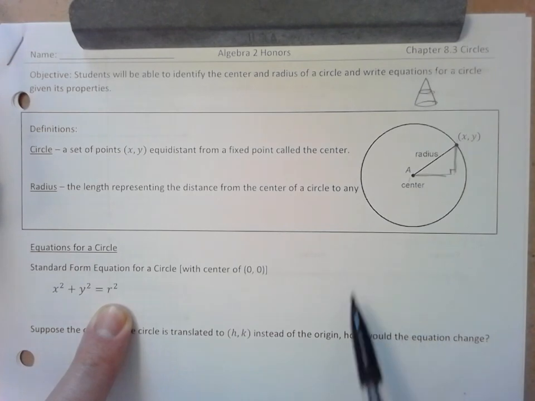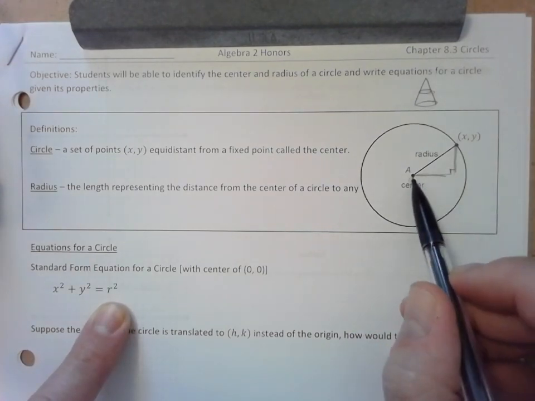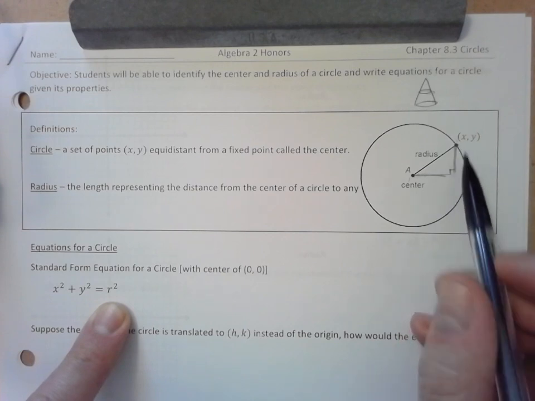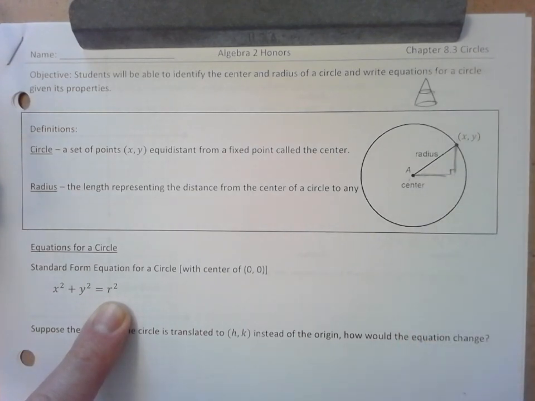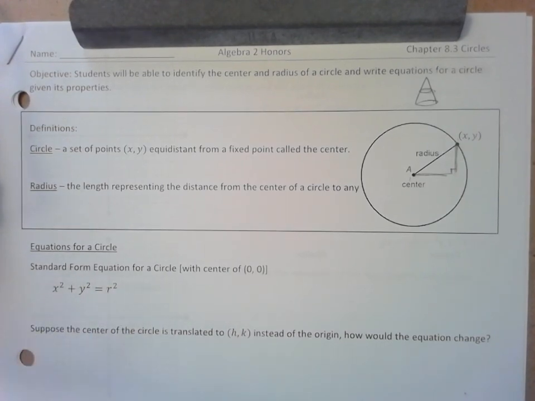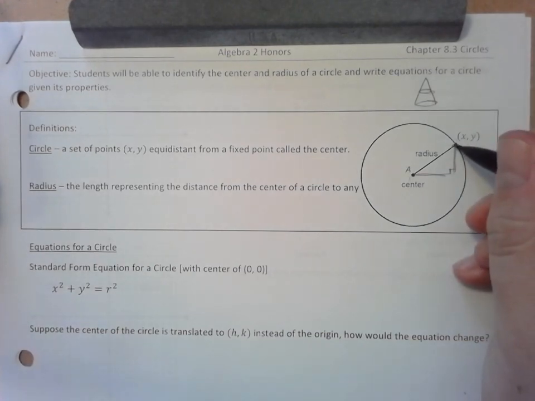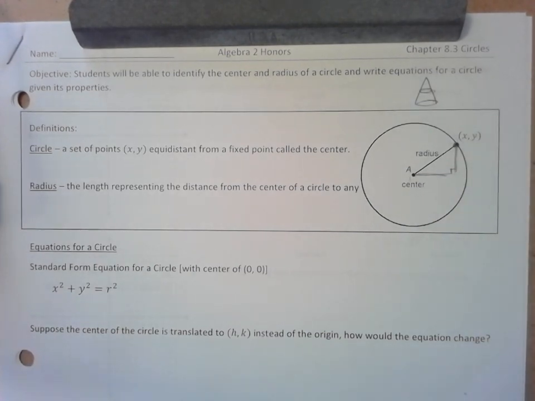So this basically is a restatement of your Pythagorean theorem, where the length of one leg squared added to the length of the other leg squared equals the length of your hypotenuse, in this case your radius squared. So this is a Pythagorean theorem formula for any point that's located on the boundary of the circle.